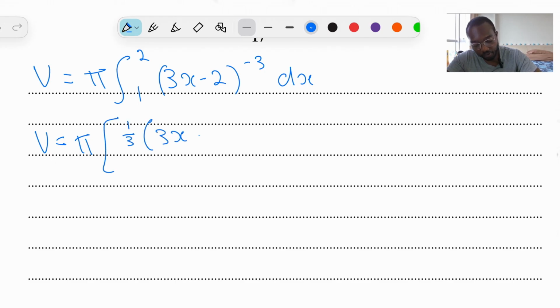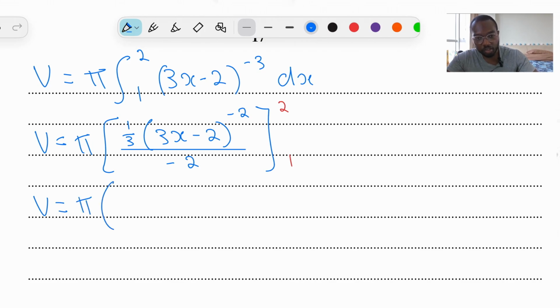Then in brackets we'd have 3x minus 2, and we add 1 to the power, so we get minus 2, and then we divide by that new power, minus 2, and we also have the limits of 1 and 2. So now V is equal to pi. Now 1 over 3 divided by minus 2 is minus 1 over 6, so we can rewrite this as minus (3x minus 2) to the power of minus 2 over 6, and that still has the limits of 1 and 2.